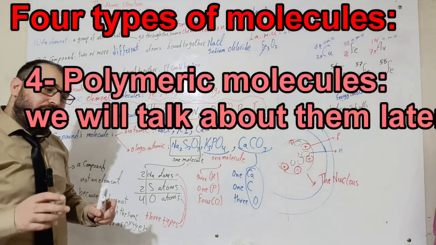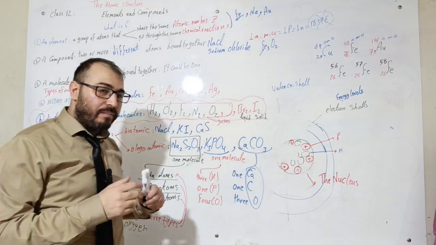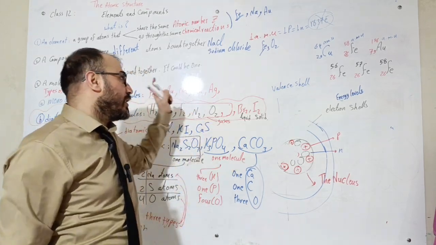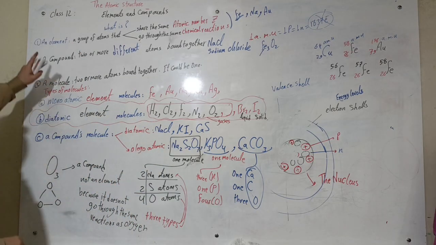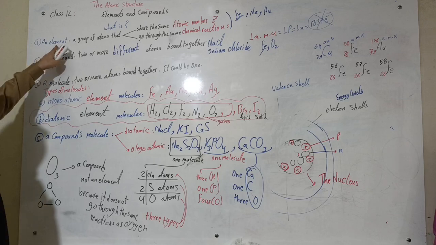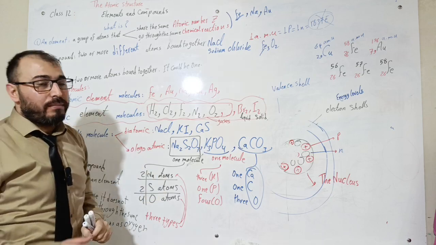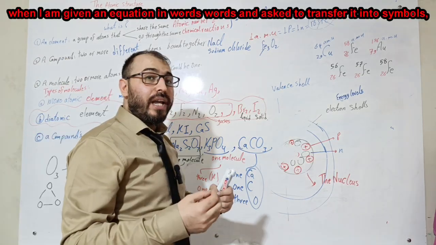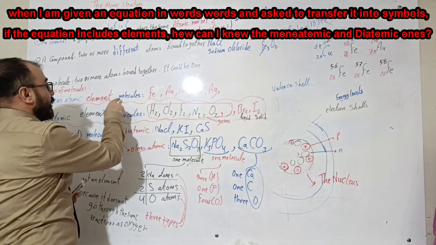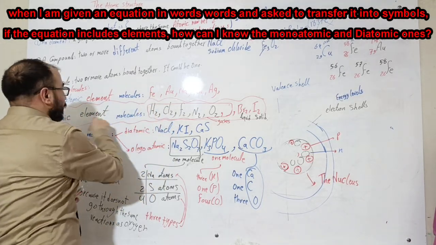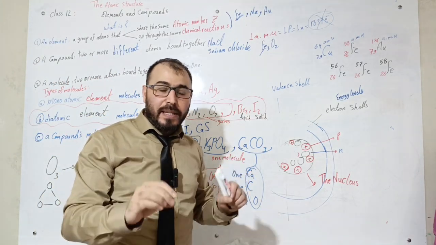Now, my friends, before I say goodbye to you and finish this class, I would like to answer 2 important questions I have been asked frequently by students while explaining such topic. The first question was, teacher, we all know that an element is a group of atoms that share the same atomic number and go through the same chemical reactions. How can I know whether to write the element in a monoatomic molecule form or diatomic molecule form? Well, the answer to this question is simple.